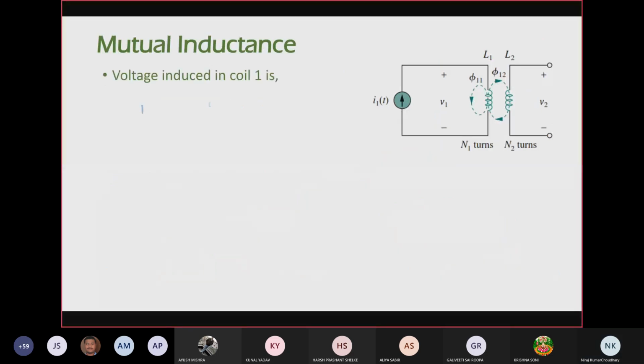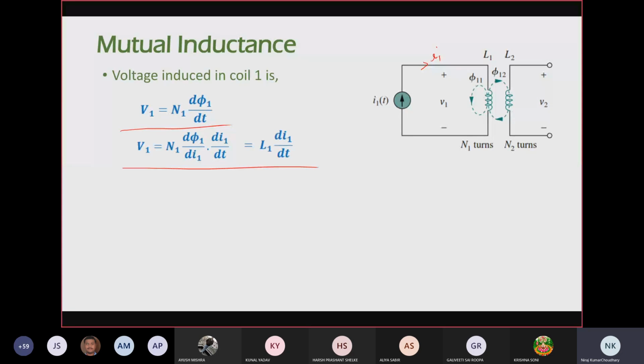So due to the flow of current I1 through coil L1, there will be a development of voltage because of Faraday's law of electromagnetic induction. This we have already discussed, and this expression we have already seen in the previous slide, right? So this is your voltage induced, magnitude of the voltage induced across the first coil.